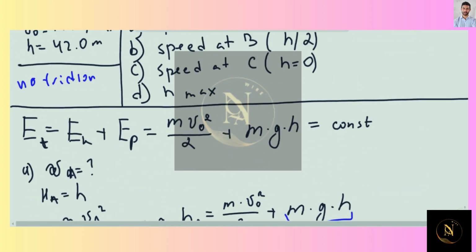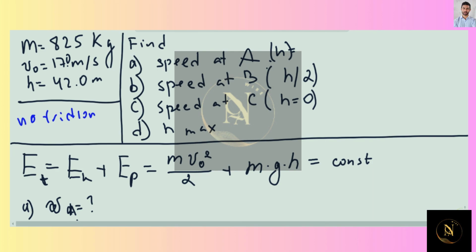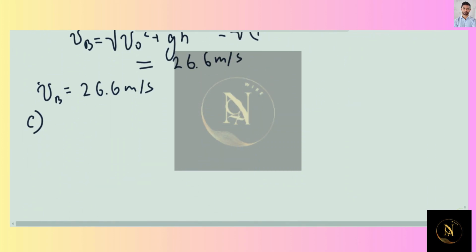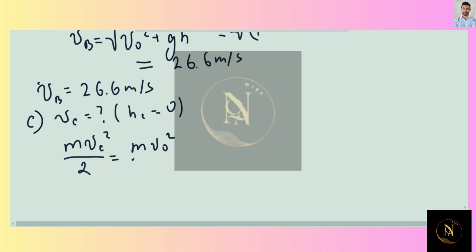Let's answer the next question. Question C. So here we have to calculate the speed at point C when the height is 0. So therefore, at point C, the system will have only kinetic energy, which equals the total mechanical energy, which we've already calculated.